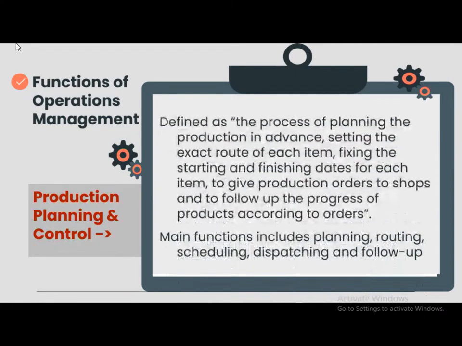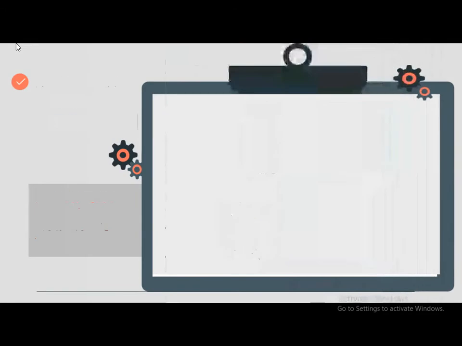Production planning and control is defined as the process of planning the production in advance, setting the exact route of each item, fixing the starting and finishing dates for each and every item in the production, to give production orders to shops and to follow up the progress of products according to the orders. Main functions in production planning and control include planning, routing, scheduling, dispatching and taking follow-ups.